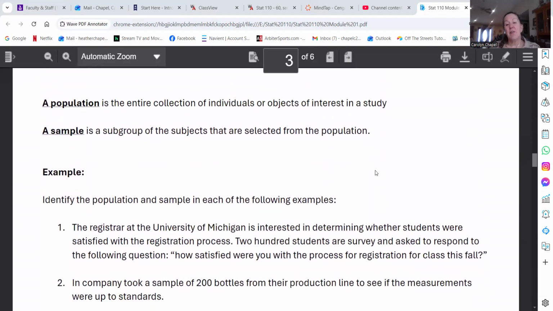Okay. Some other terminology that I'm going to talk about in this video is being able to determine what is the population and what is the sample that we're talking about. The population is everything that we are concerned about. Now, that could be people, it could be cans of soup in a factory.